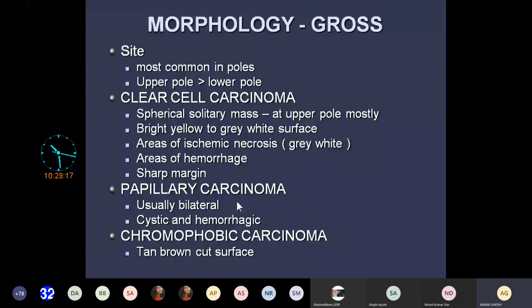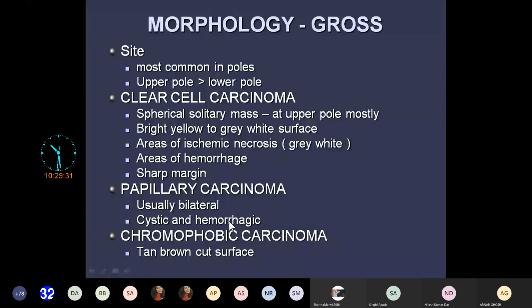It will be a cystic mass with hemorrhage inside, and there will be papillary formation within the cyst. So that's why remember the papillary carcinoma may be often cystic, and the cyst may contain hemorrhage, and the tumors will be forming from the lining of the cyst. They will be forming papillae.